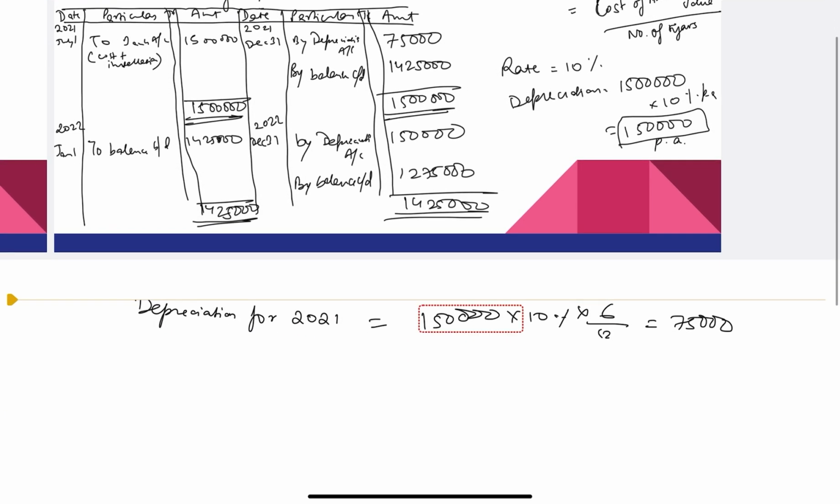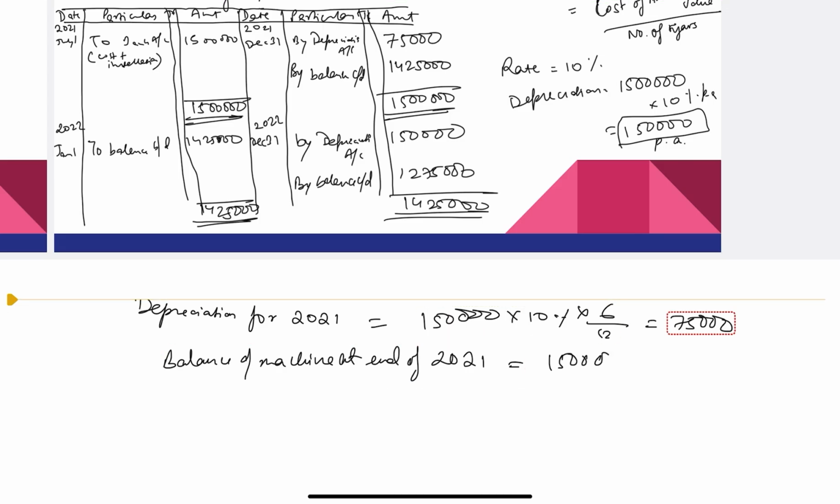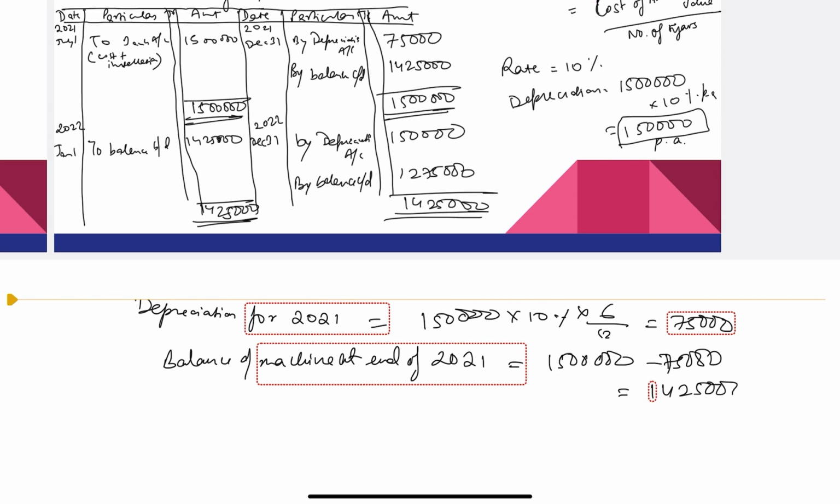Then what was the value remaining? So the balance of the machine at the end of 2021 was basically 15 lakh minus 75,000, that is 14 lakh 25,000.